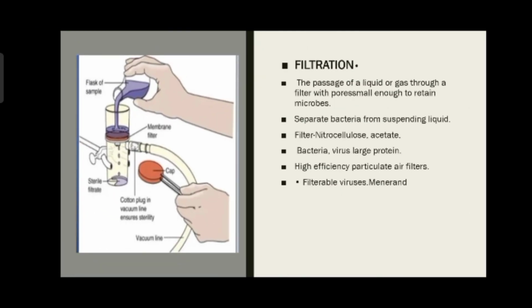This membrane filter provides a useful way of sterilizing materials such as vaccines, antibiotic solutions, animal sera, enzyme solutions, vitamin solutions and other solutions which may be damaged or denatured by high temperatures or chemical agents. So this is about filtration.